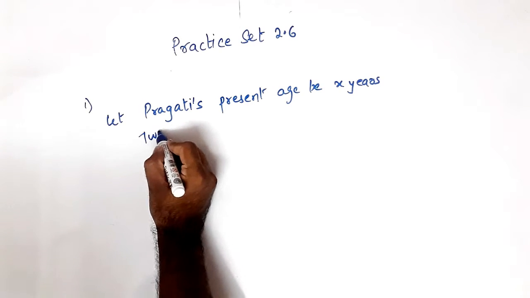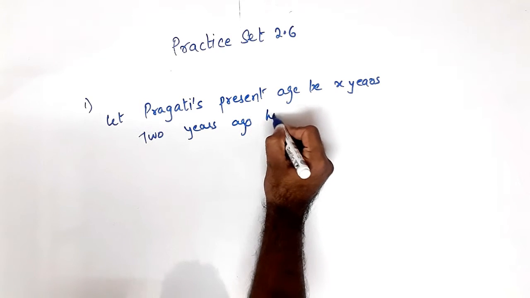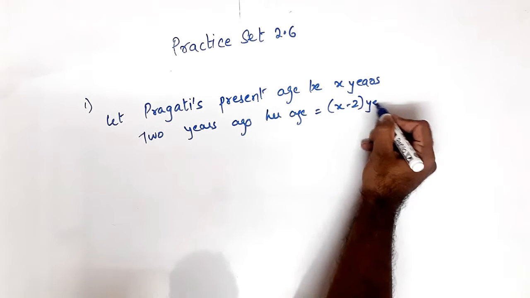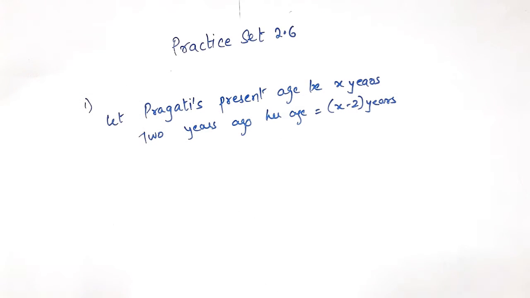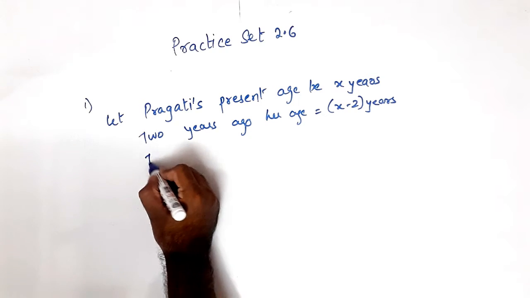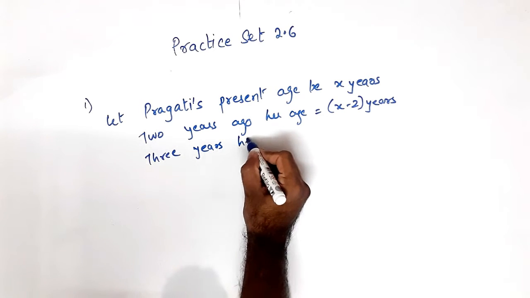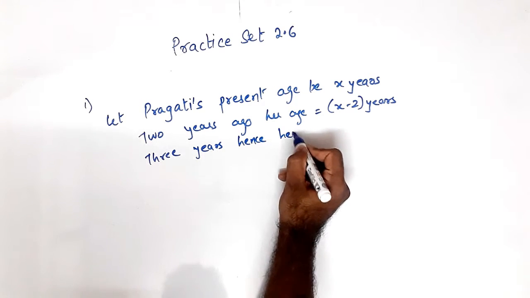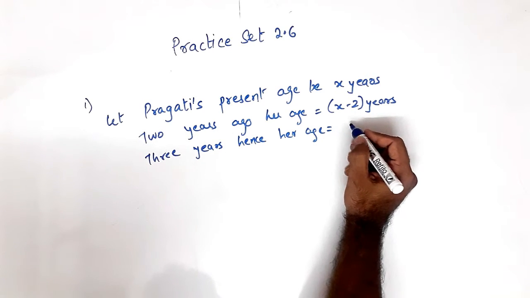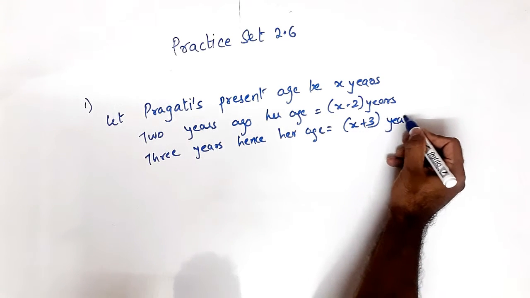Okay, 2 years ago her age is x minus 2 years, correct, and her age 3 years hence equals x plus 3 years.